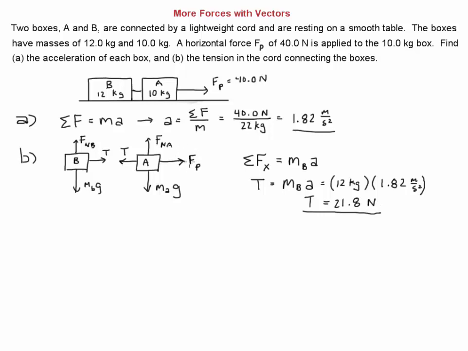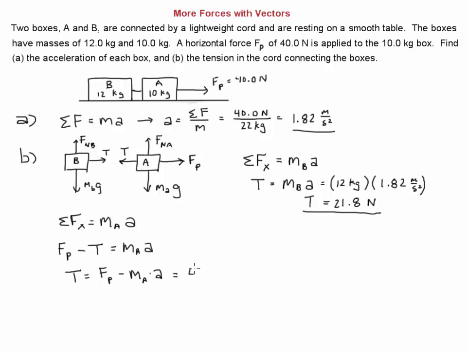One way we could check this is to look at box A. If we made an equation for A, we would have the net force horizontal equals mass A times the acceleration. And in this case, we are moving to the right, so we would have Fp minus T equals m_A times that acceleration. When I solve for tension, I get the tension is equal to Fp minus mass A times acceleration.